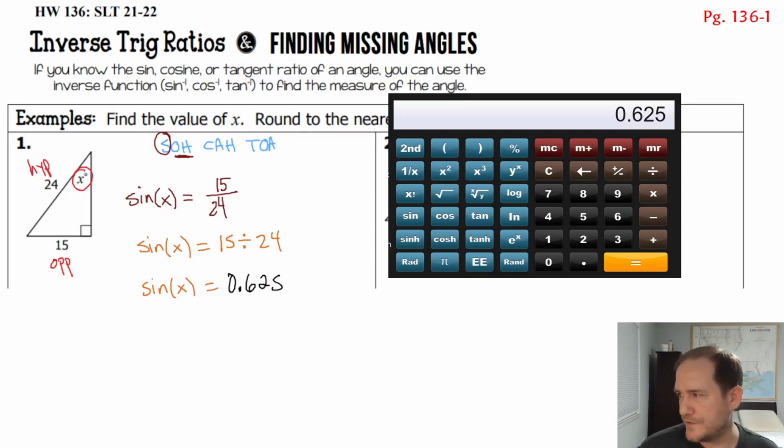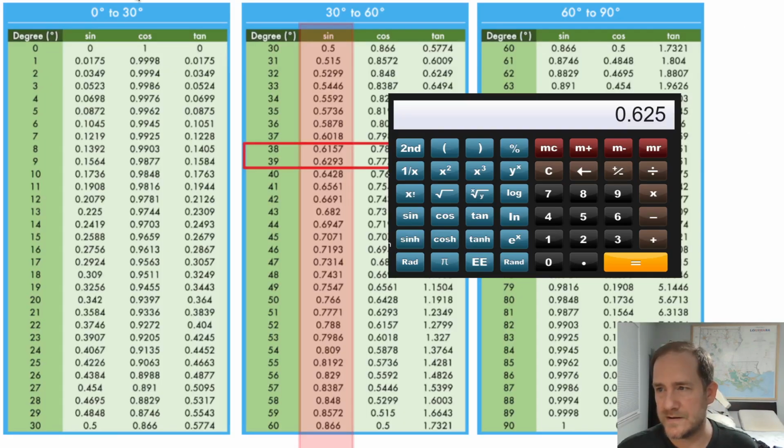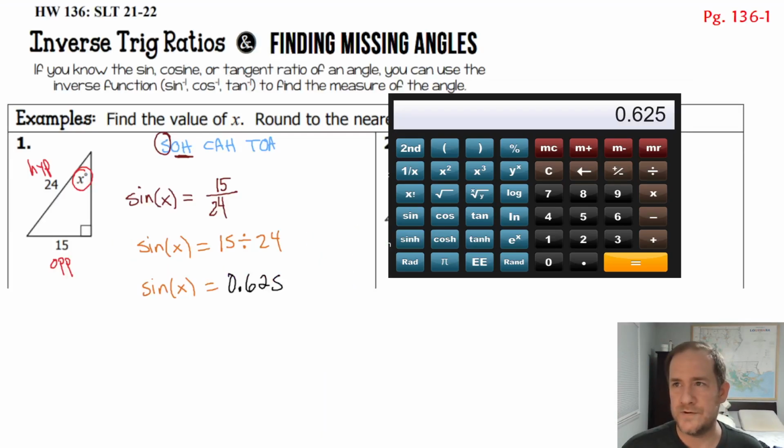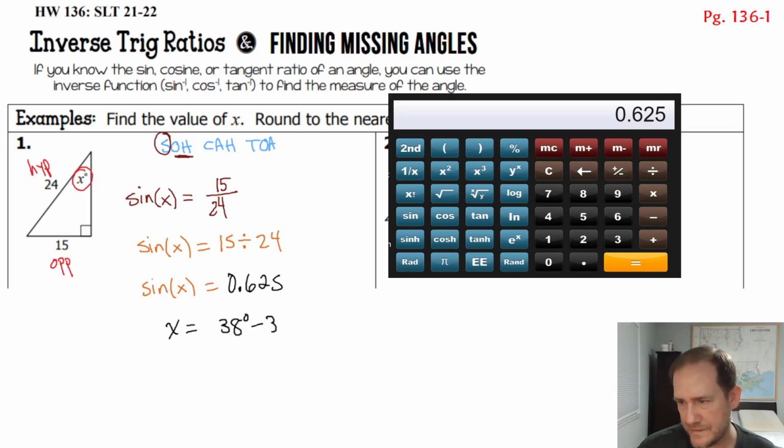You tell me that we're somewhere between 38 and 39, and that can be the end of the problem. You say x is equal to something between 38 and 39, and that's good enough.